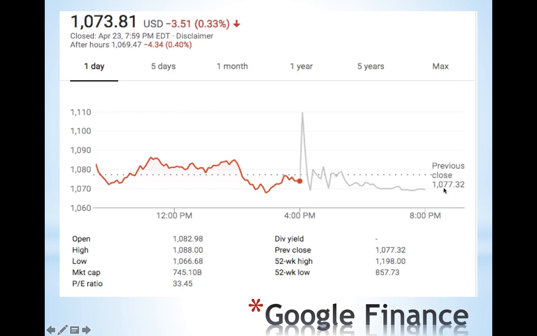You can see the previous close, and you can see it over a lot of different time frames. When you look at the open, the high, the low, this is based on that day of trading or the 5 days or the 1 month. Google Finance is great as far as showing this, and it even shows the ranges here to help you be a more informed investor.